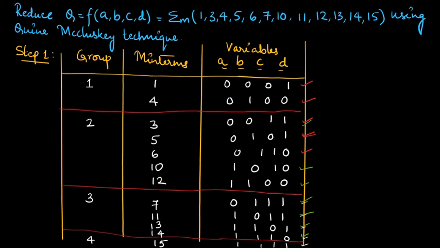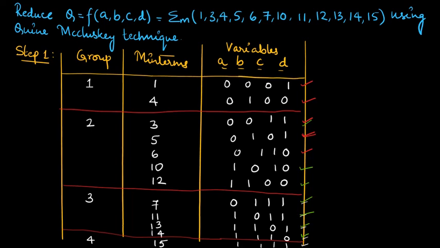Here minterm 1 can be compared with minterm 3, minterm 4 with minterm 5, similarly minterm 4 with minterm 6, and so on.